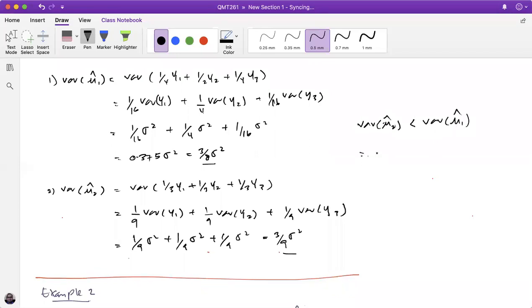So we can say that mu2 hat, this is the smallest one kan, is the efficient estimator for mu. Okay?